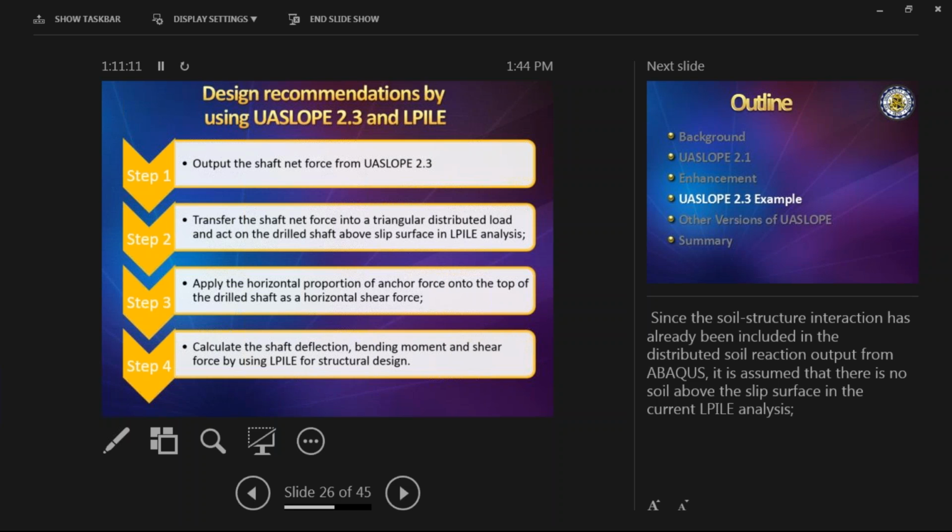LPILE is just a tool, and how you model it, I guess each engineer would use it in somewhat different ways. But I think the force computed from the method of slices is a useful value to design your drill shaft. And of course, those forces are unfactored forces. So when you do the LRFD design, you have to apply the appropriate load factor to the force coming out of the UASLOPE 2.3 program.